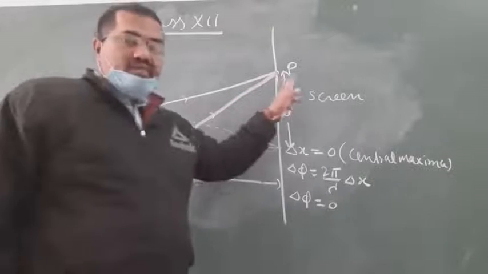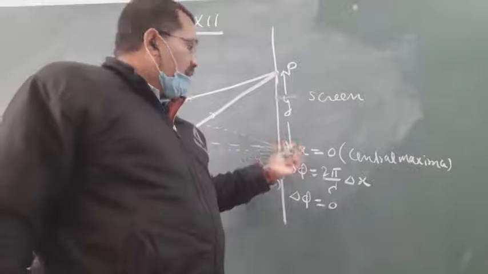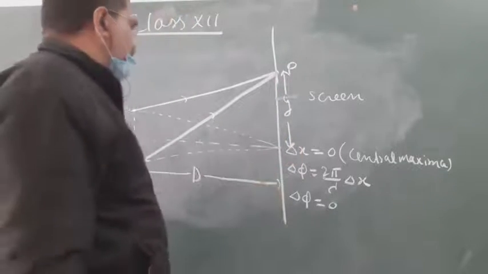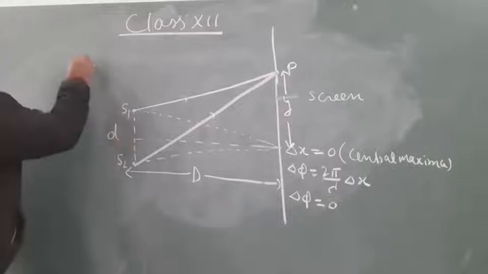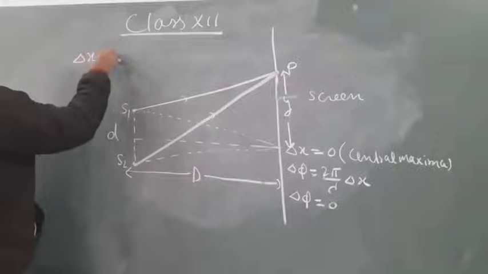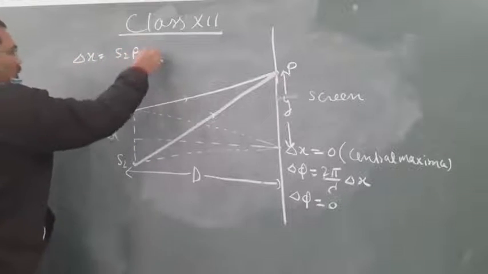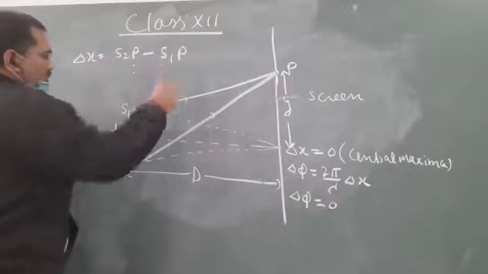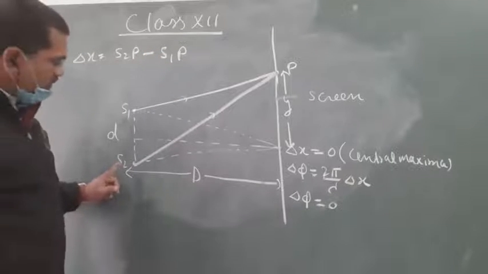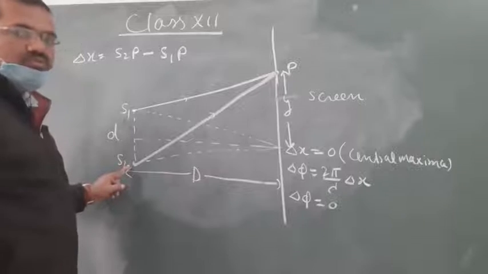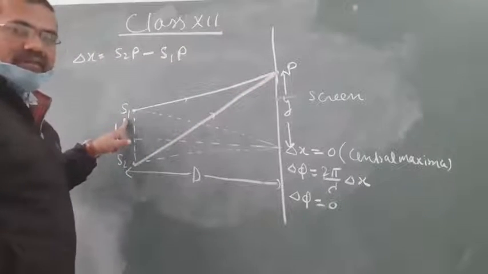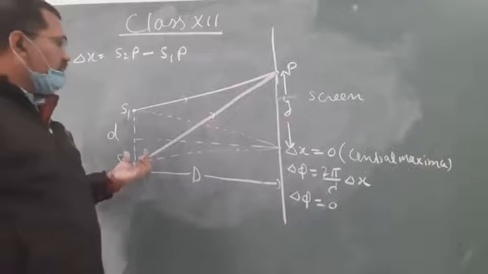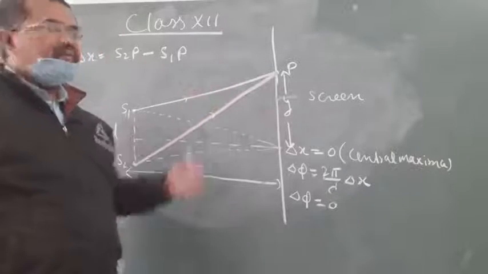At this point, what is the path difference between the two waves? The path difference is delta x equal to S2P minus S1P, because the wave originating from S2 travels more distance than the wave originating from S1. So the path difference will be S2P minus S1P.